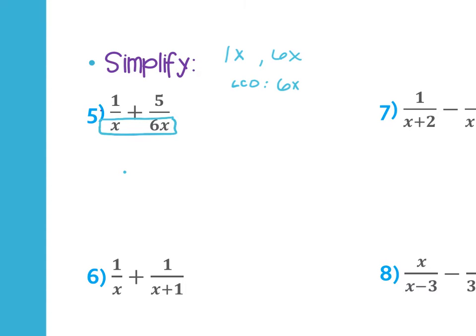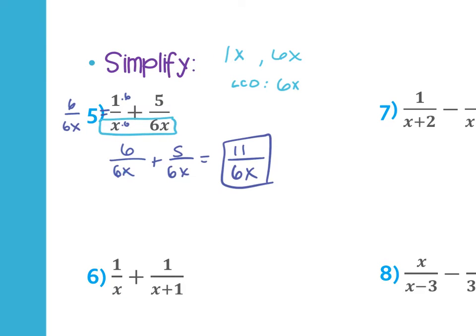So the one on the right is already fine. The one on the left I have to get equal to something over 6x, which means I'd multiply this by 6 and this by 6, and I get 6 over 6x. So I get 6 over 6x plus 5 over 6x, which becomes 11 over 6x. Questions on that one? Oh, and the restriction would be x cannot equal 0.